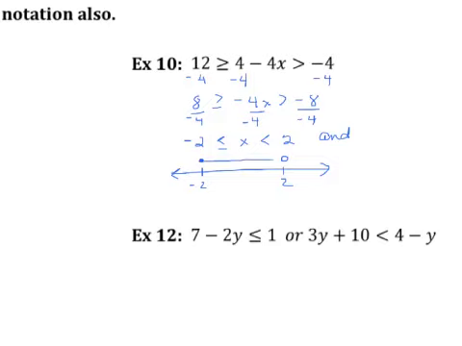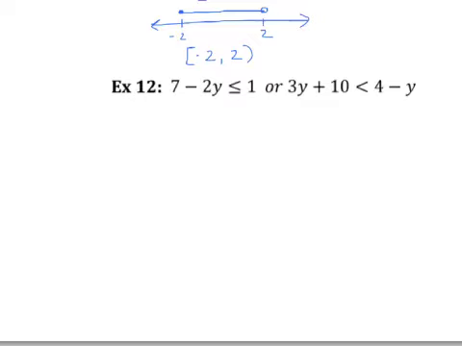And then we just connect these. So we will do a bracket on the equal end, and a parenthesis on the not equal end. Now I did something silly, and this sheet has 10 and 11 are the same exercise. So we're going to skip that one and go directly to example 12.